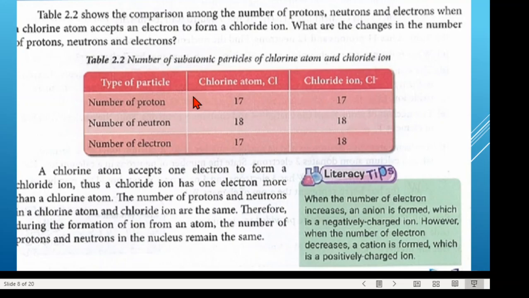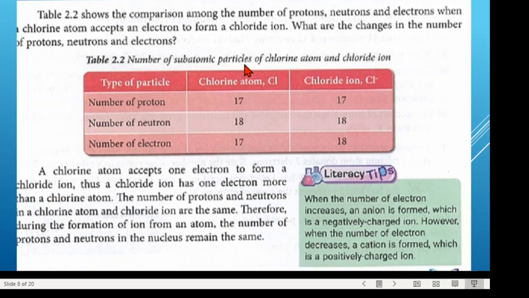Remember, proton is positive, electron is negative. Meaning, its negative charge is more, 18. Its positive charge is 17. One more than this. Okay, so a chlorine atom accepts one electron to form a chloride ion.